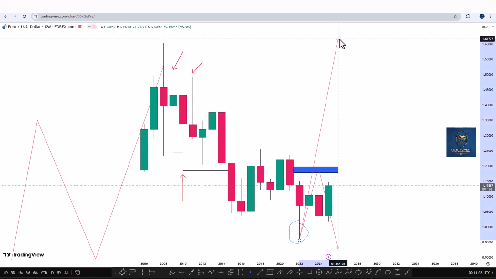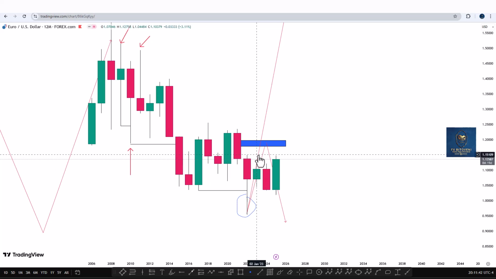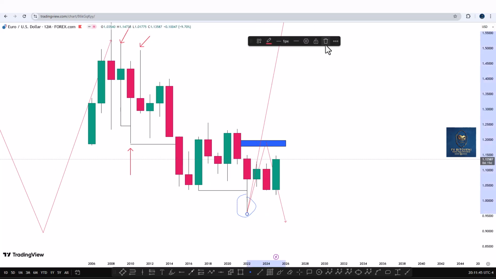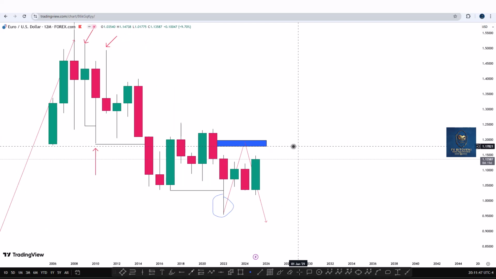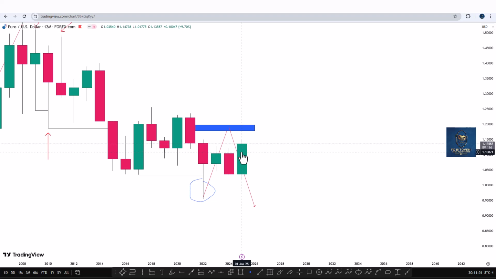So we may go higher again. But don't focus on that. Focus on the current price action, because at the end of the day, you are going to deal with the 4-hour candle, 1-hour candle. So do not worry much. Focus on how it is going to come back to this level and use that to your advantage.